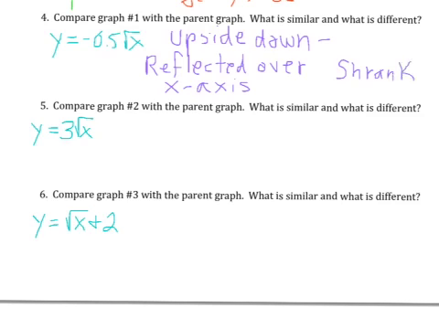For y equals 3 square root of x, this graph was stretched. The y values were much bigger. And for y equals the square root of x plus 2, hopefully you wrote something like moved up.